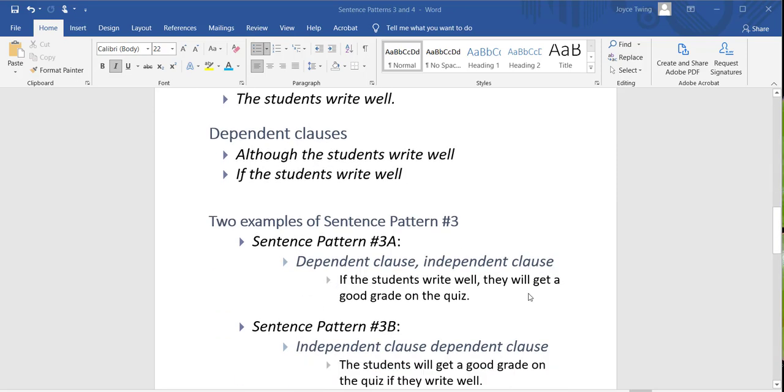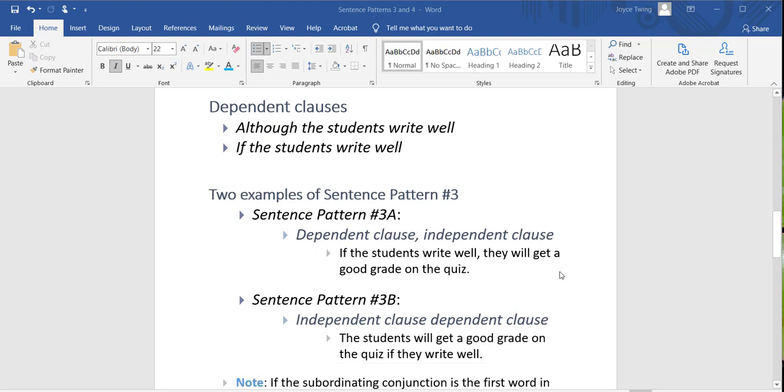Now there are more examples of sentence pattern 3 than the 2 I'm going to show you. For the purpose of simplicity and for the purpose of you getting a lot of correct sentence patterns understood and written, I'm not going to give you more than 2 examples here.